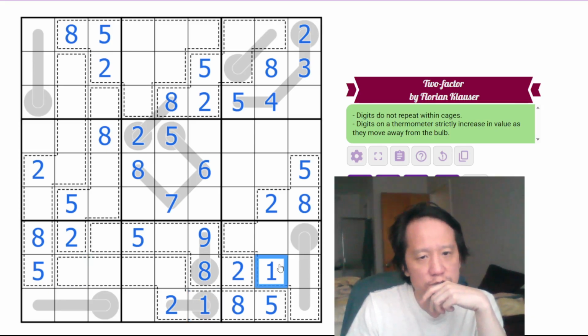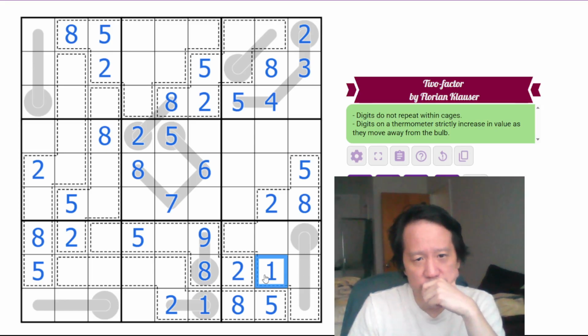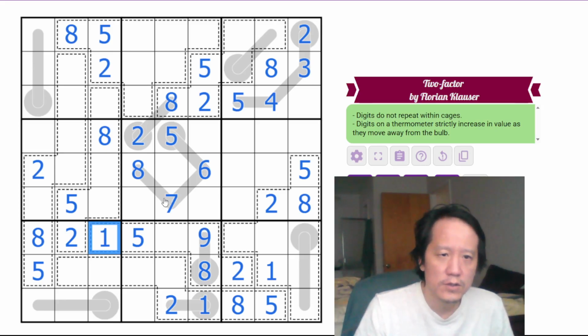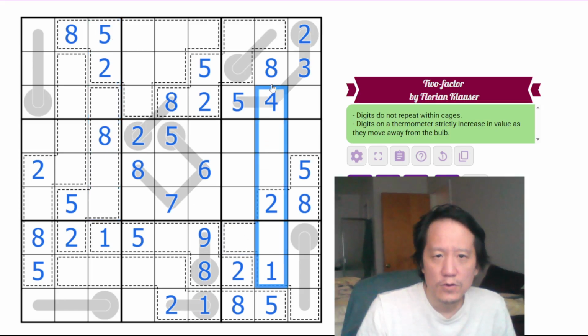Again, this was an H or I because none of these two match these two. Obviously, none of these could be here, so one had to be here. Cannot be here, so this is 1. So this is H, which means 1 has to be here. 1 cannot be here.